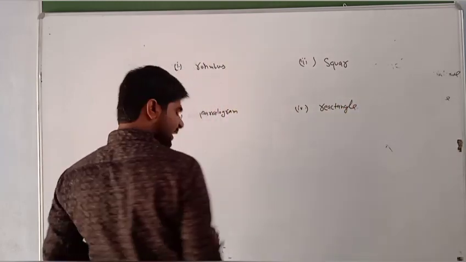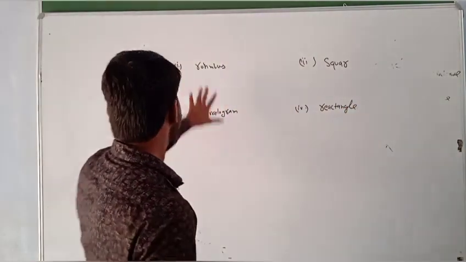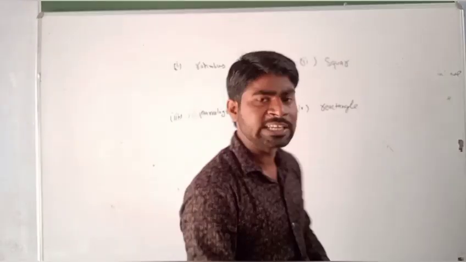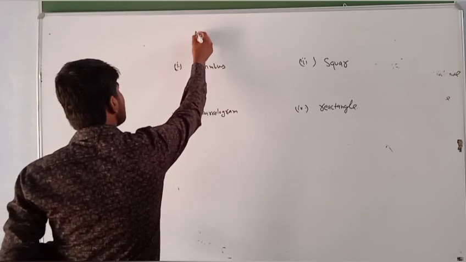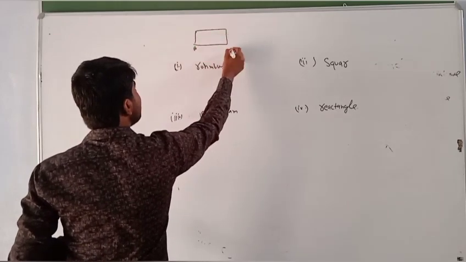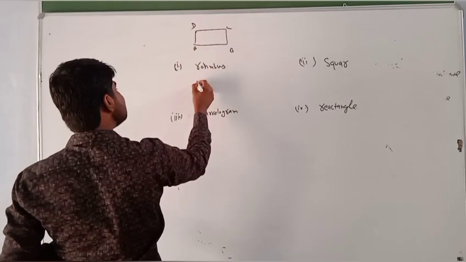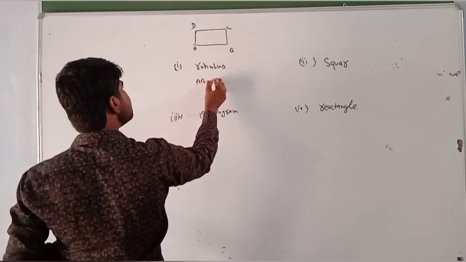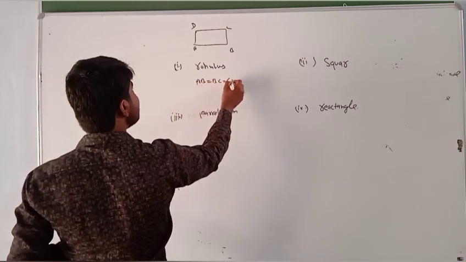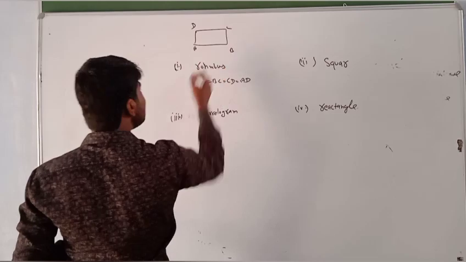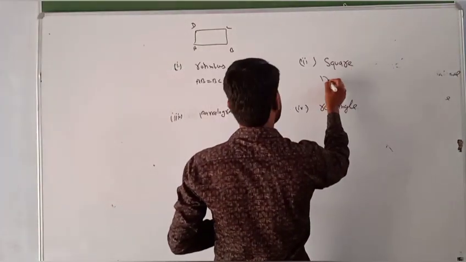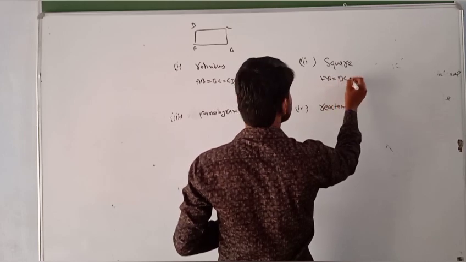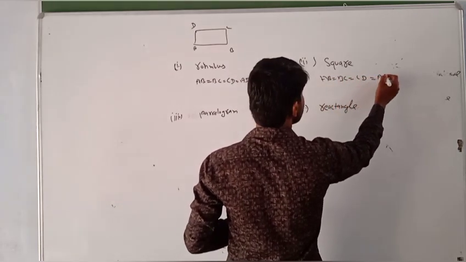So what is the difference in all the quadrilaterals? In a rhombus, all the four sides are equal. Means if a quadrilateral ABCD has AB equals BC equals CD equals AD, it will be a rhombus. In a square also, AB equals BC equals CD equals AD.